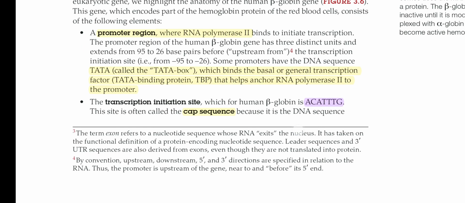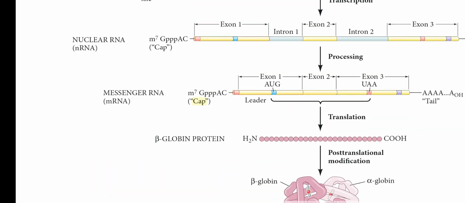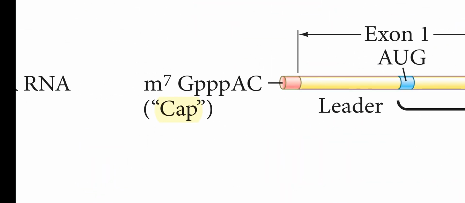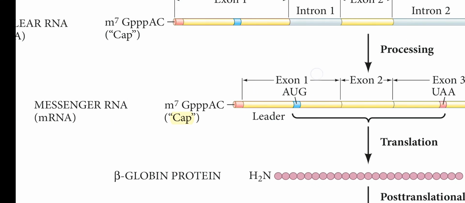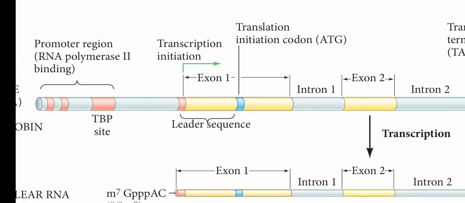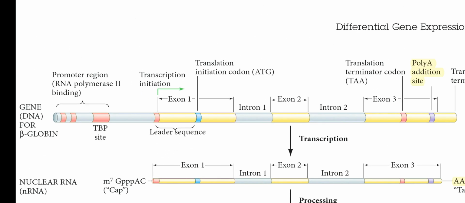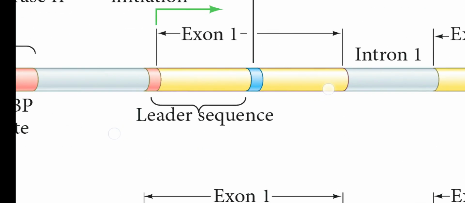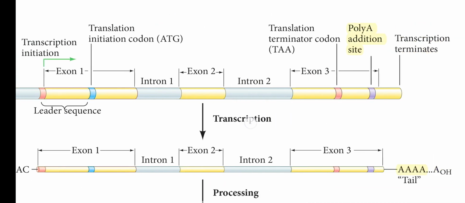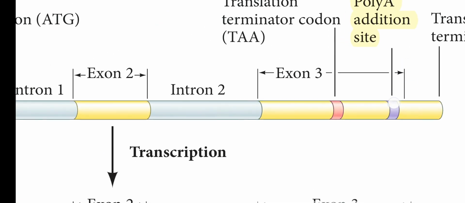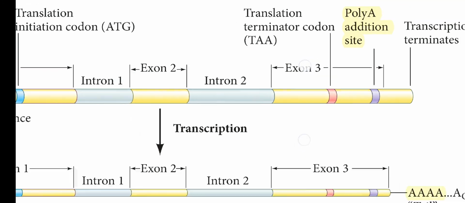Then your transcription initiation site, the cap sequence. This is the 7-methylated guanine capping region, and this is found in the exonic sequence of the 5' UTR, the untranslated region. This is also in the exon sequence, like the polyadenylation tail site in the 3' UTR region.